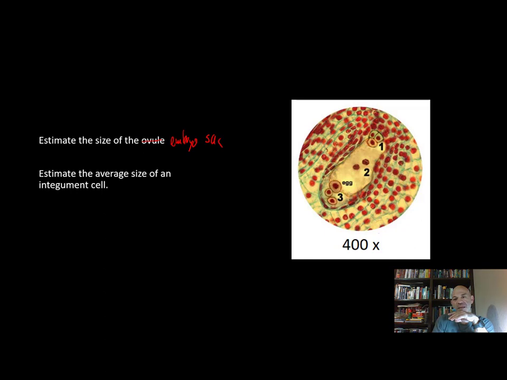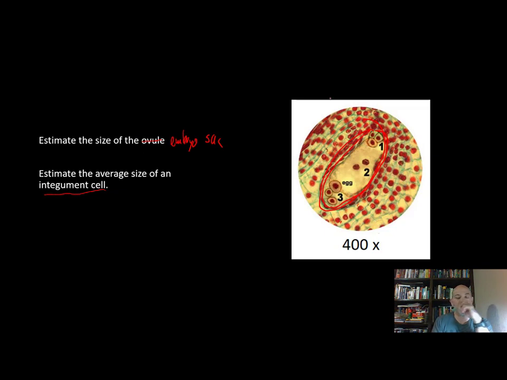You're going to learn what the embryo sac is later when it comes to the plant structures in the flower. But in a case where I'm asking you to do an estimation of size, I'll give you guidance, just like I'm doing right now. So this structure would be your embryo sac, and then I might ask the size of the integument cells. Those are the cells that surround the embryo sac.